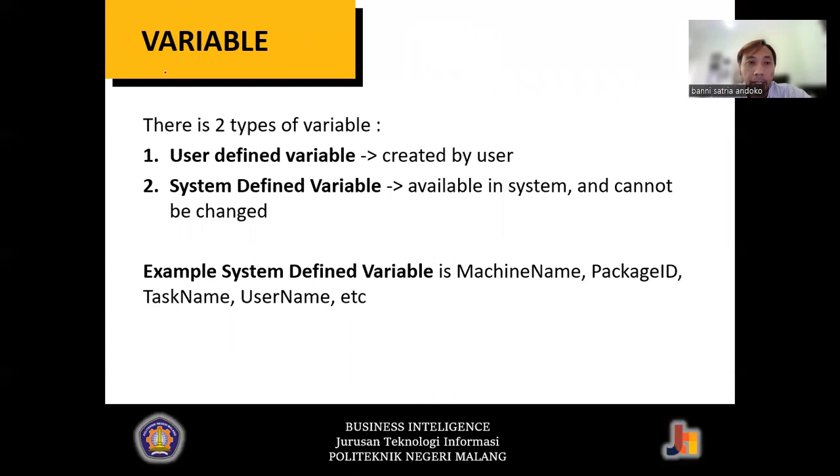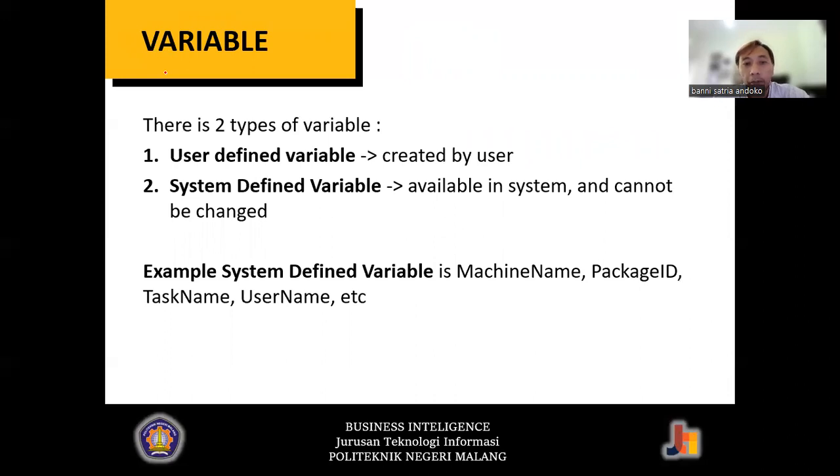So basically, there are two types of variable. The first one is called a user-defined variable, which is created by the user. And the second one is called a system-defined variable. This is the variable available in the system, and it cannot be changed.